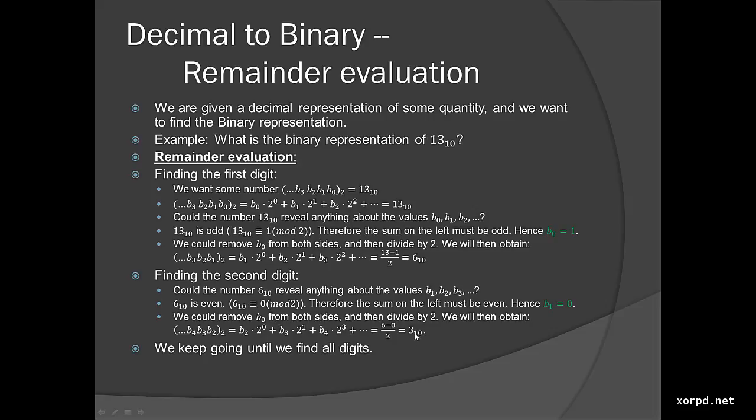Now, note that the number now is again divided by 2. And we reduce the problem even more to just finding the representation of 3. And we just keep going. I don't want to do this here because it might be tiring for you to watch me doing this. But don't worry, you will have the opportunity to do this yourself.